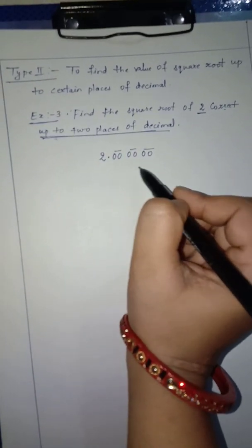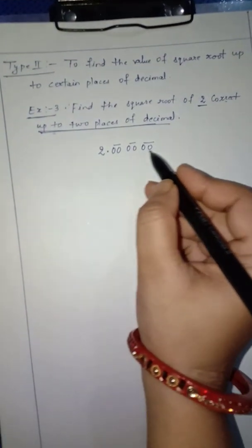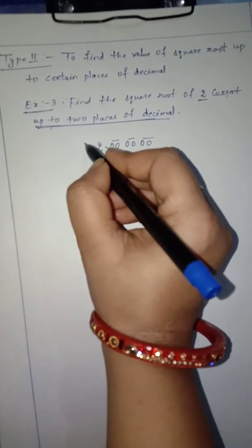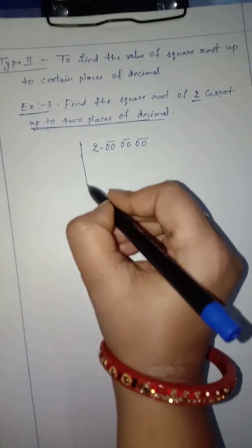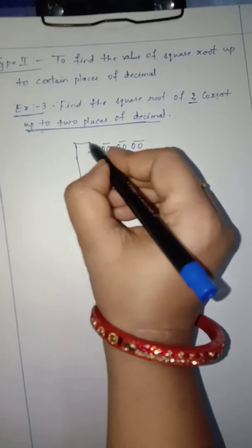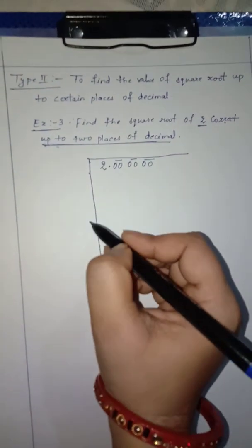That's why we have taken 3 pairs of zeros. The steps which we followed in the long division method, we will follow here.